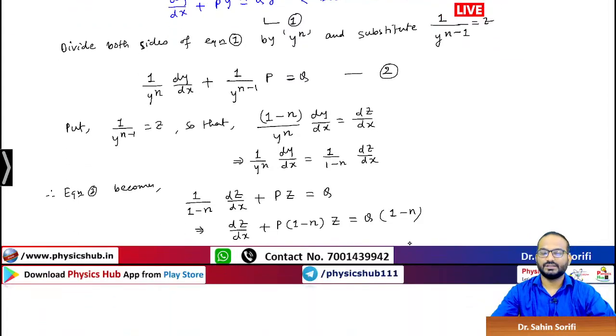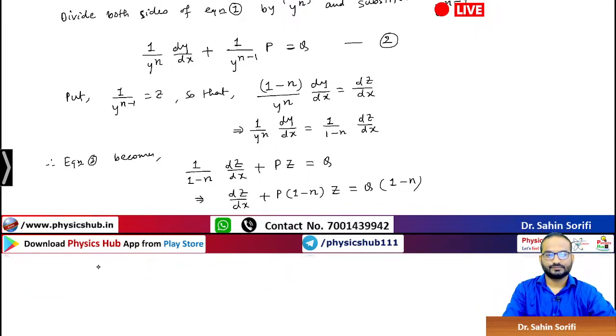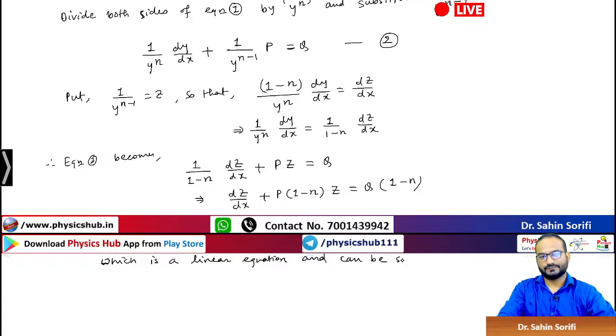Now you can see this is a linear equation, isn't it? Which is a linear equation, and can be solved using the previous method.